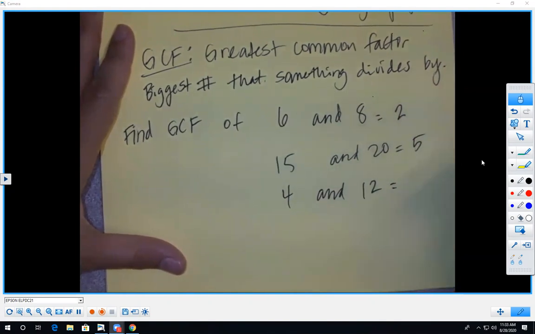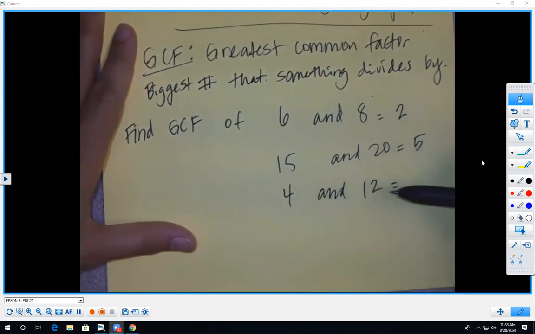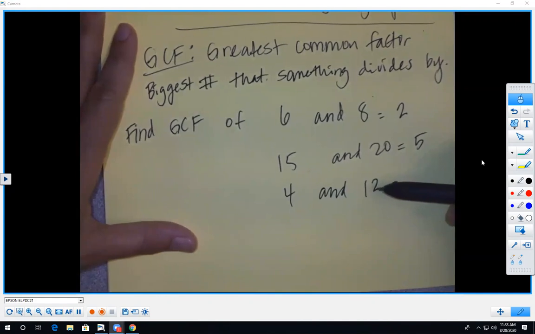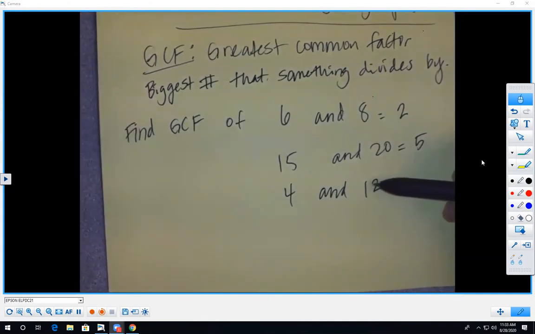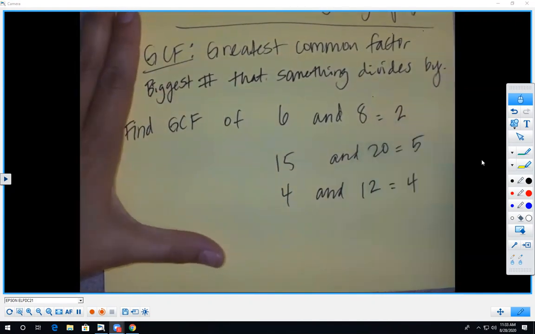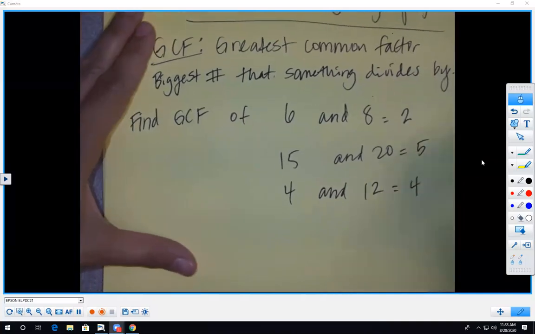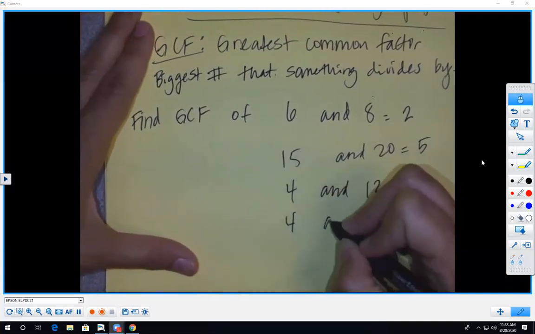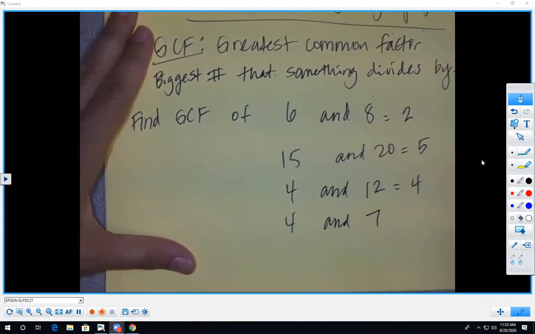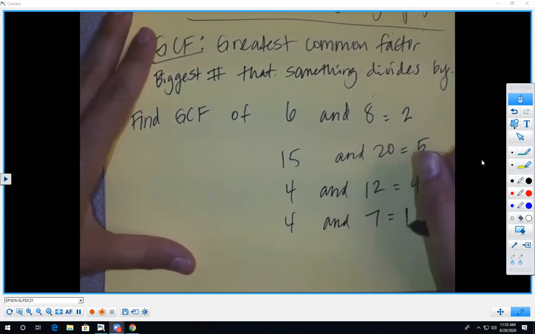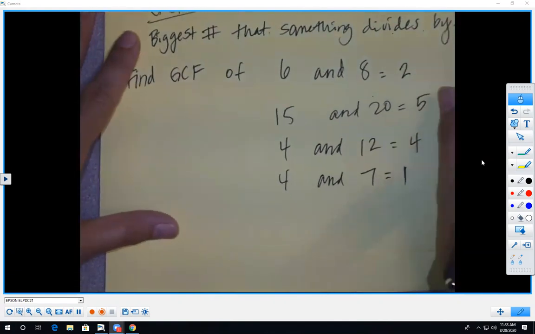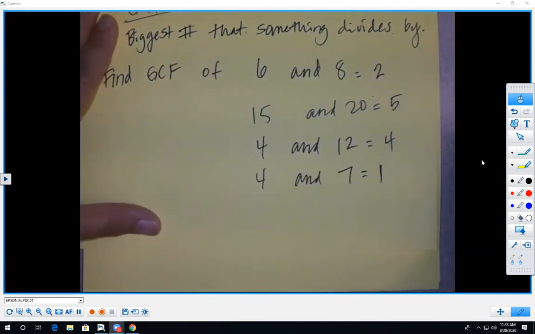The biggest one is 4. 4 divides into 4, 4 divides into 12. 12 divided by 4 is 3, but the factor is what divides into it. So 4 would be your answer here. What about 4 and 7? 1 is the biggest number that divides into both of those. Okay, you got the idea of the numbers?